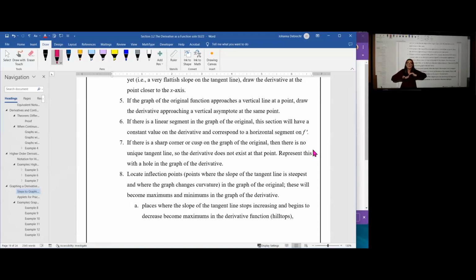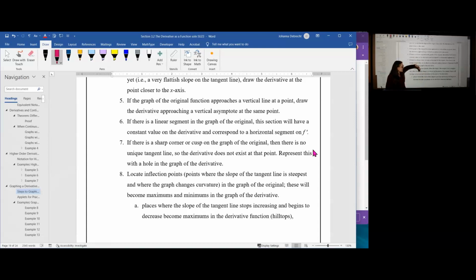That place represents a maximum or a minimum in the graph of the derivative. If it's positive and cupped up, and then it becomes cupped down, it was increasing and now it's decreasing, so it's a maximum.